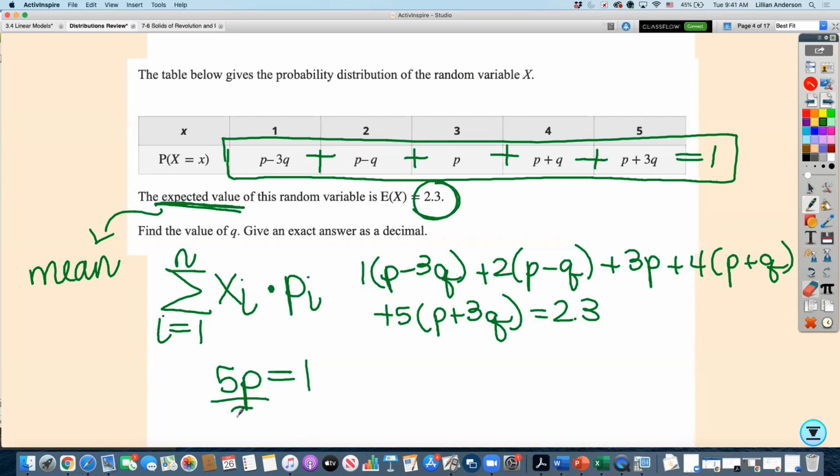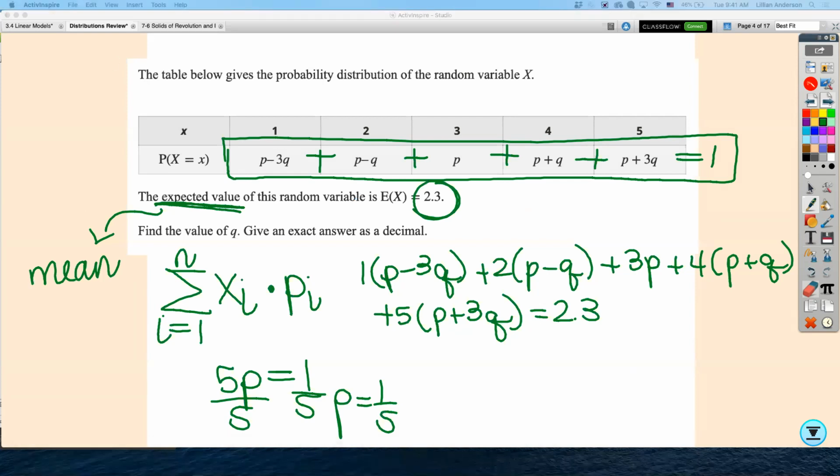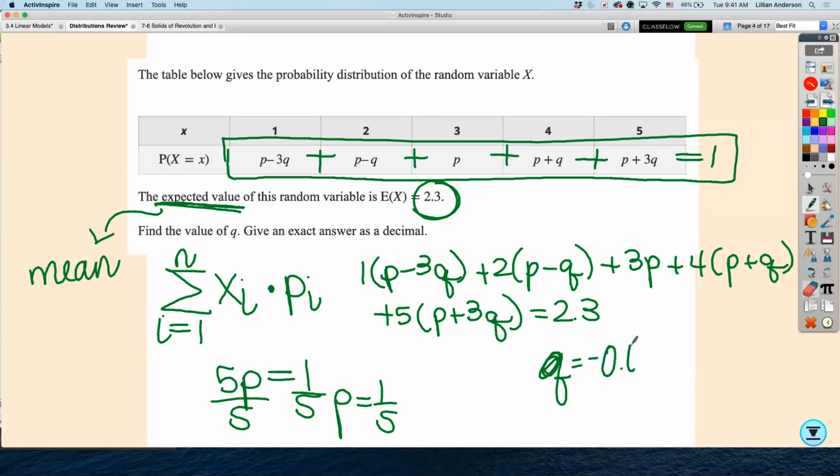Then you can actually plug that in to this equation right here, this longer extensive one, and solve for q. And your value of q should have been negative 0.05.